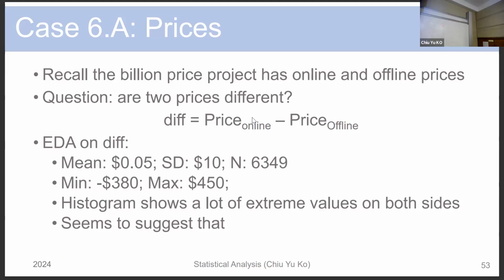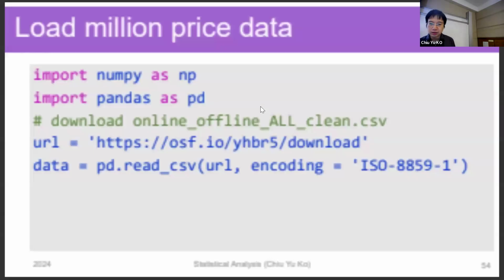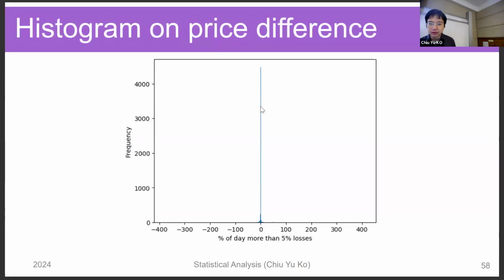It can be different by $300 negative and positive by 400. So this is the data. You probably want to look at the histogram to give you a better idea. The histogram looks like this. It turns out the majority are close to 0. Maybe I have to move this away. Okay.